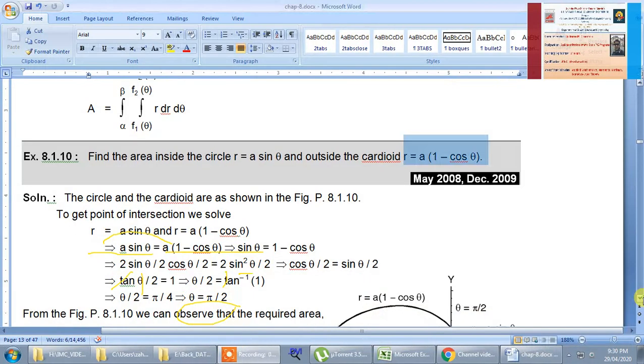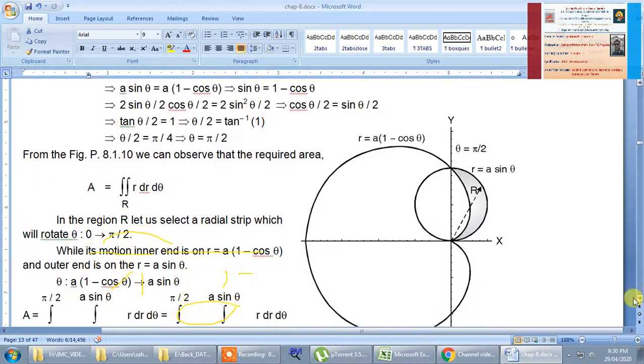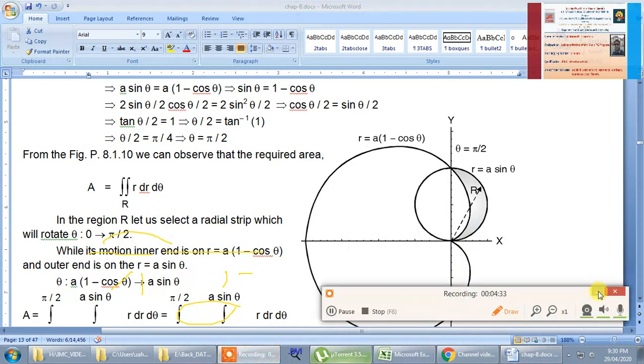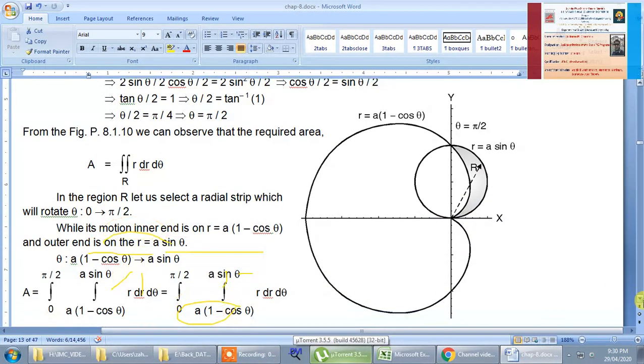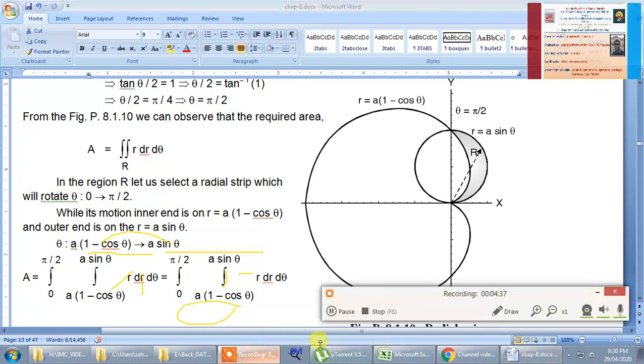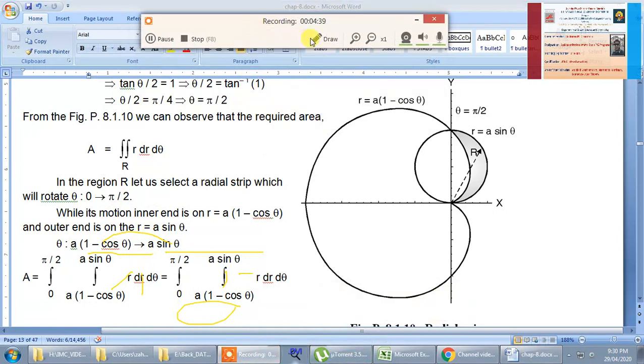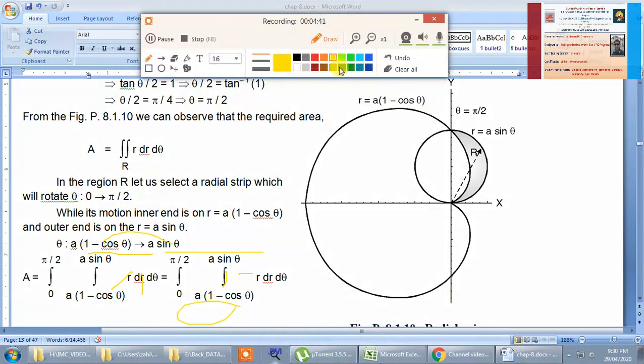Okay, so you can observe the figure. The figure is like this. So this is the cardioid. So first one is this cardioid, your leftward facing cardioid.